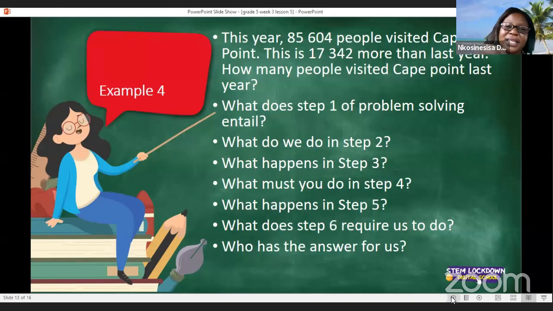It says in 2020, the 17,342 is actually more, so this is 17,342 more than last year.